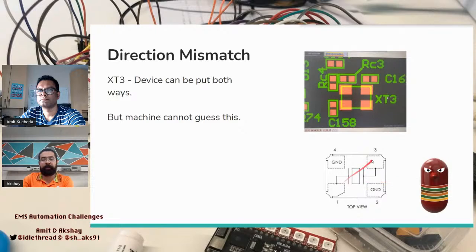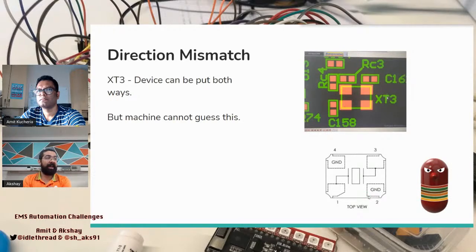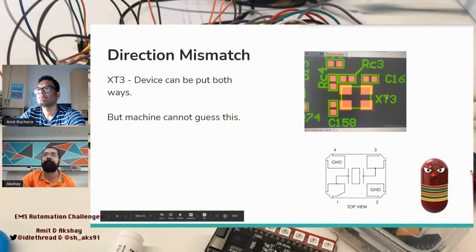Pin number 1 and 3 are interchangeable. 2 and 4 are interchangeable. Now, you can understand this, I can understand this, but can the machine really understand if this is how you're supposed to be putting it through? So adding a simple dot right next to it and giving orientation can really help the manufacturer out.